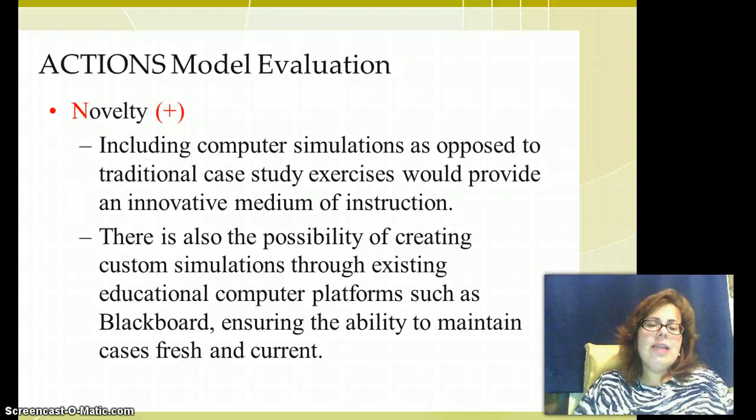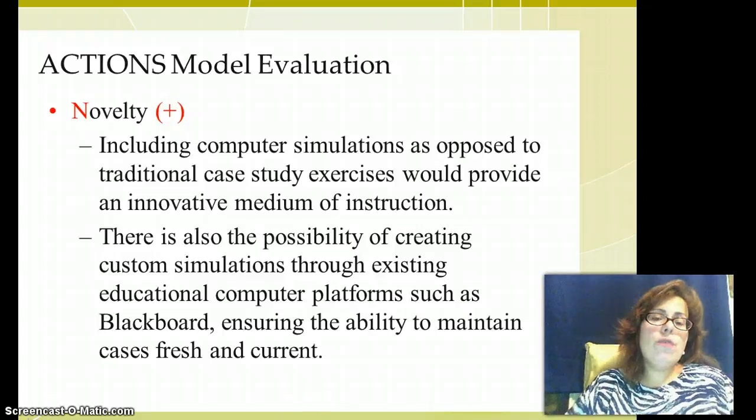In terms of novelty, the use of computer simulations is an innovative medium of instruction, so it has novelty included. There's also the possibility of creating custom simulations with other software such as computer platforms such as Blackboard.